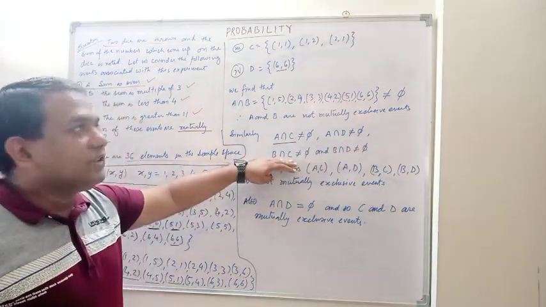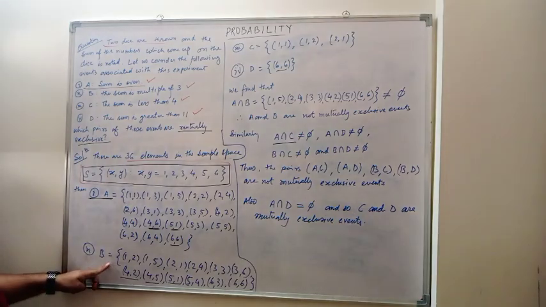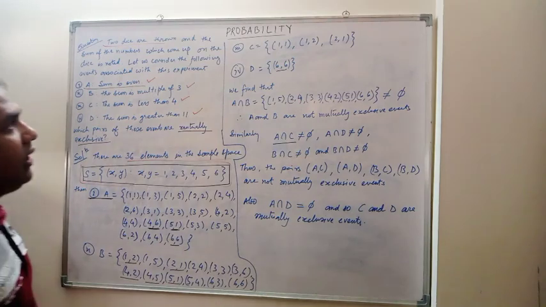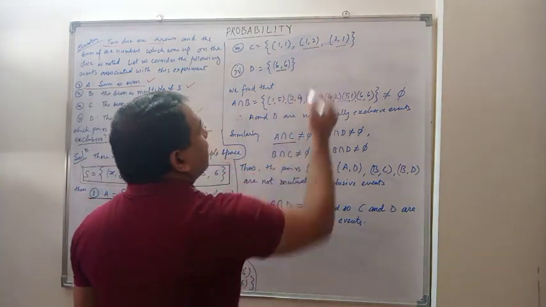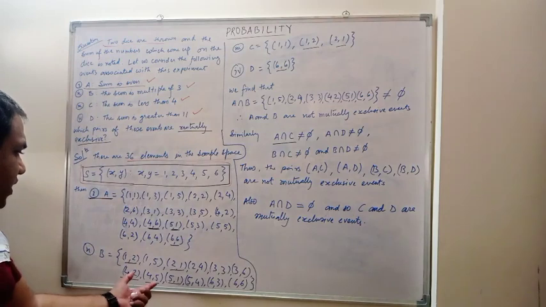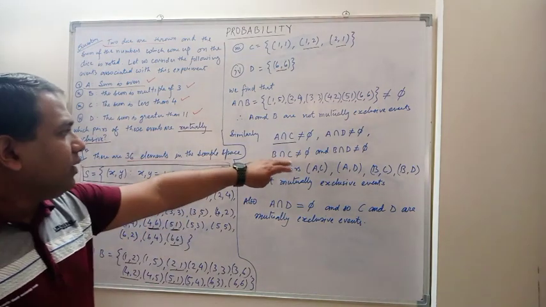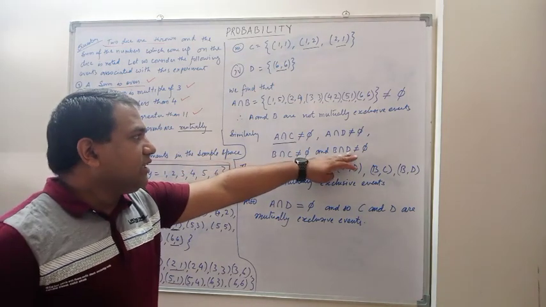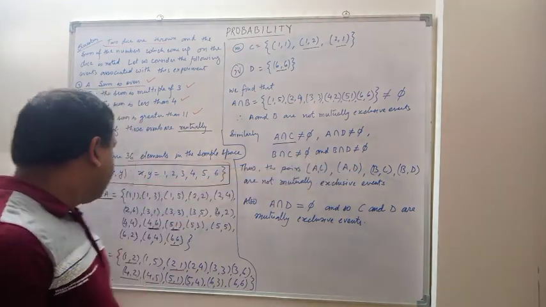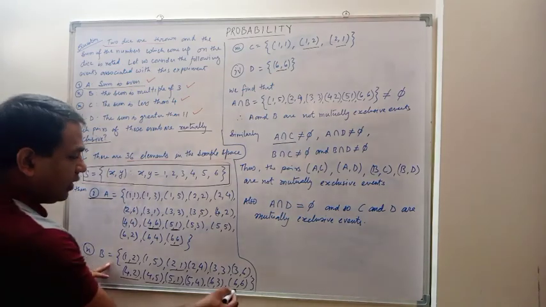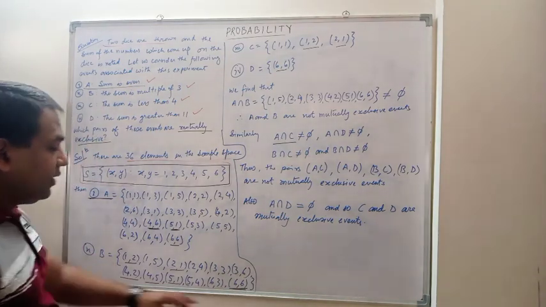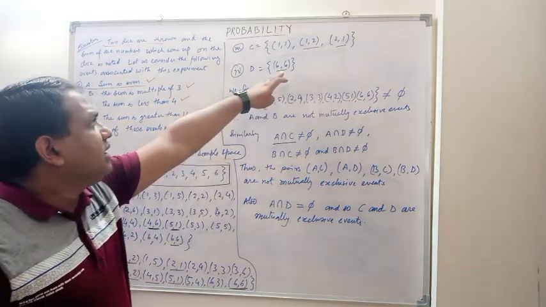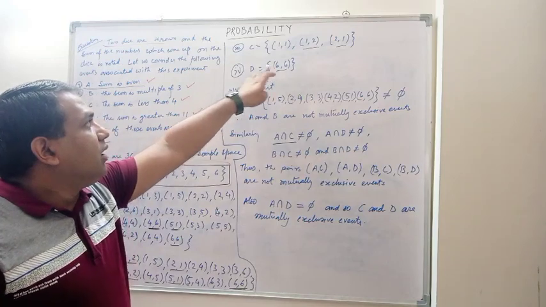And B intersection C. Here I am getting 1 2 and 2 1 as my event, and here I am getting 1 2 and 2 1 as well. These sample points reflect that B intersection C is not equal to the null set. Then I'll check B intersection D. Here I have 6 6 as one of the sample points, and this is also one of the sample points we have.